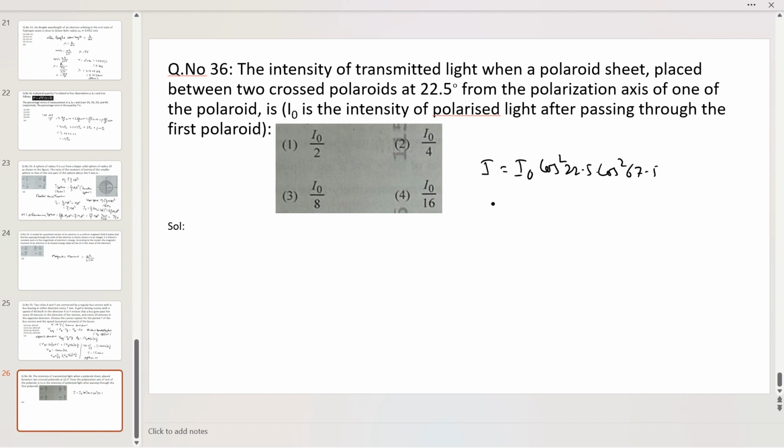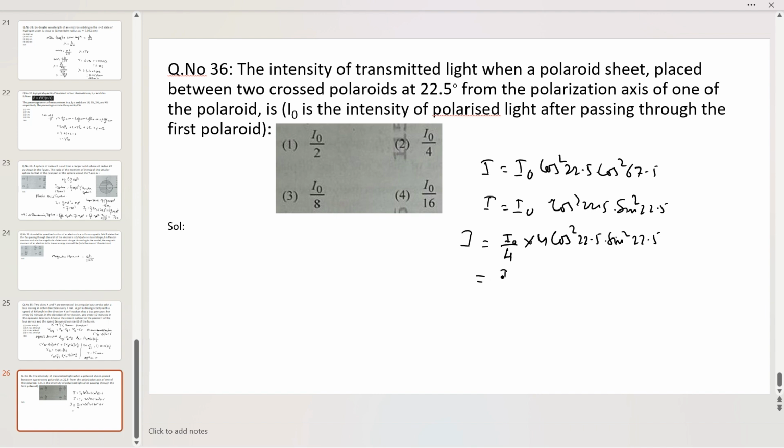So this is I equal to I naught cos square 22.5 into sine square 22.5. So this is I naught by 4 into 4 cos square 22.5 into sine square 22.5.